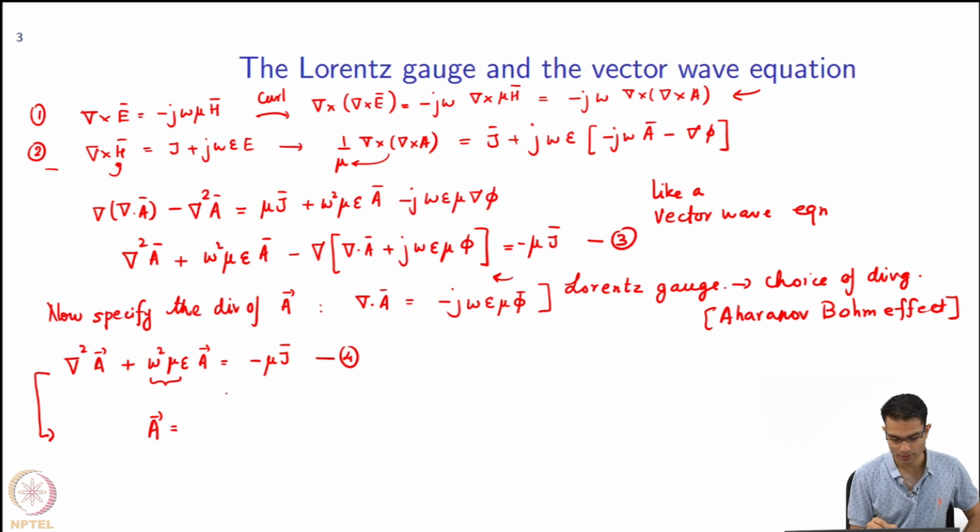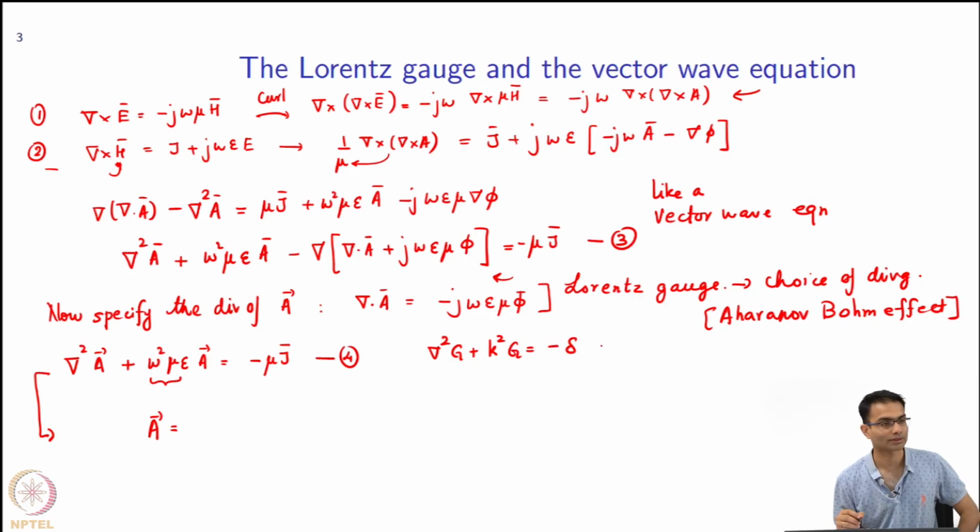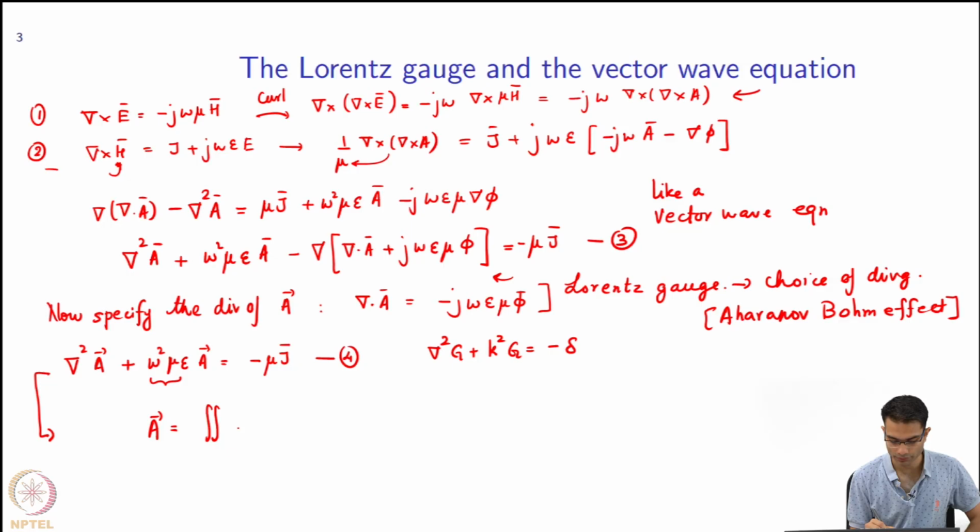So, if I have defined my del squared G plus k squared G is equal to minus delta function, so if I have a minus sign here in the definition, then my A is given by the convolution of mu J. So, let us write it properly.